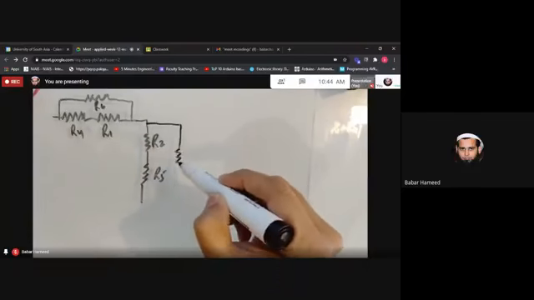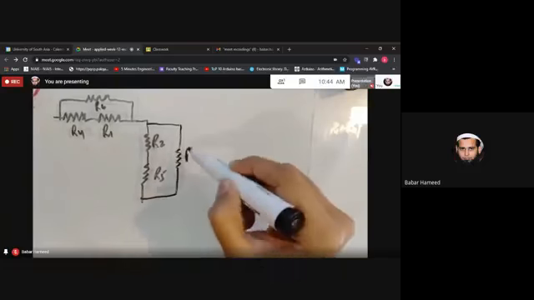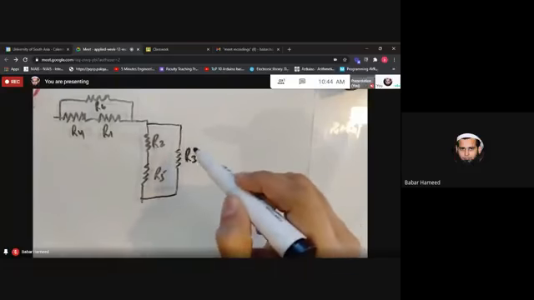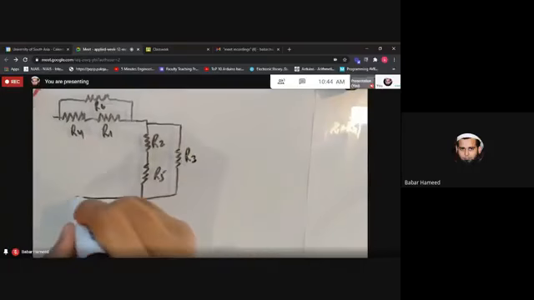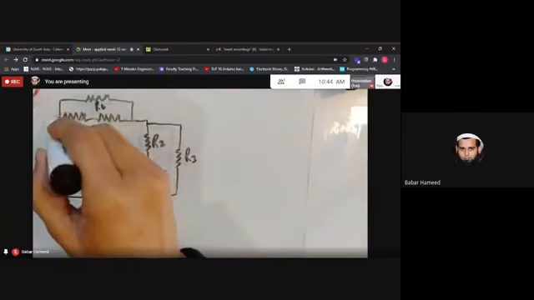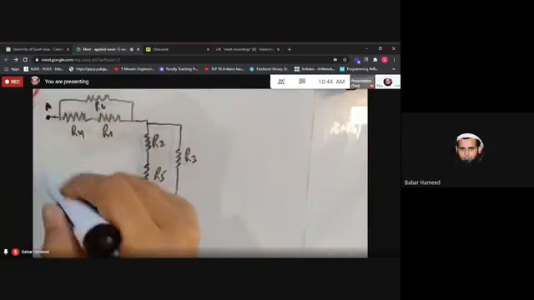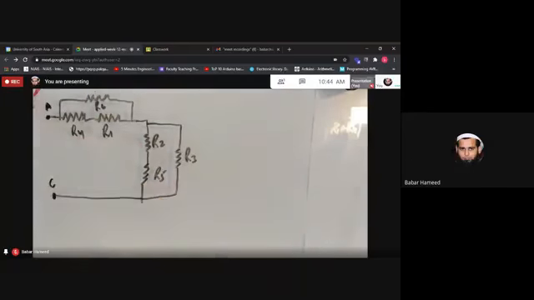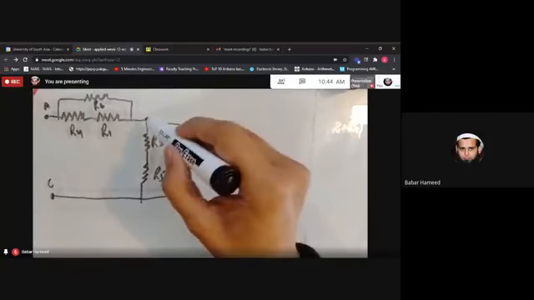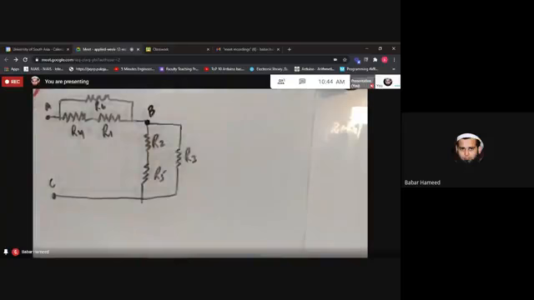and R3 is in parallel with R2 and R5. This is the same between point A and point C. So what is here?